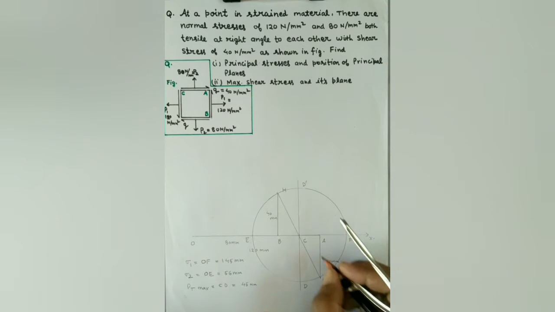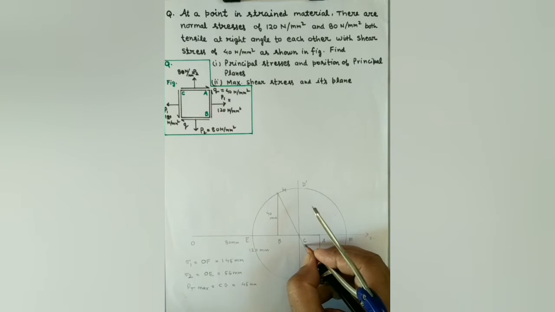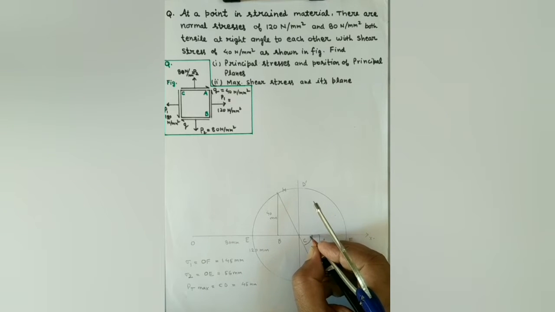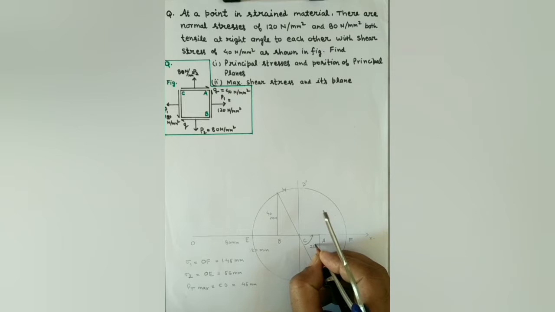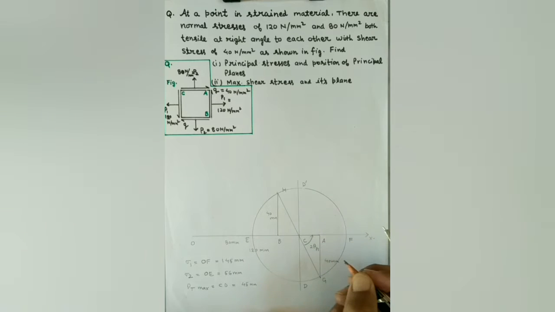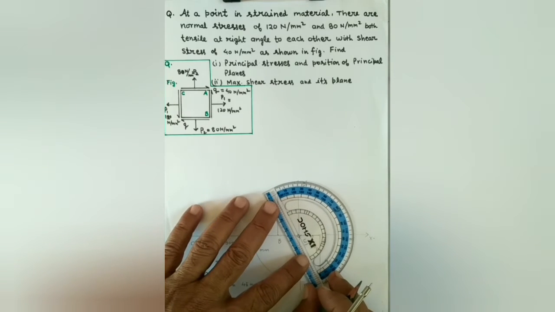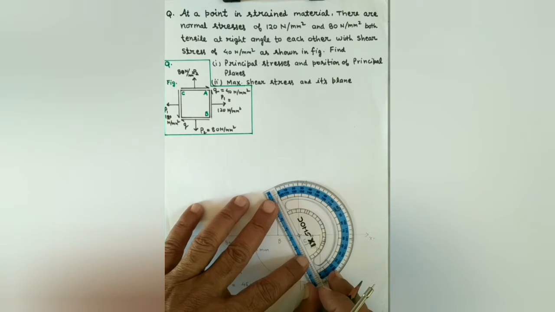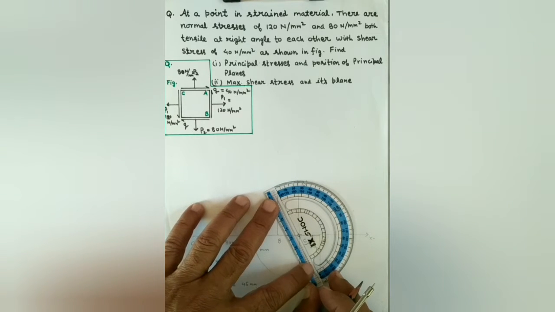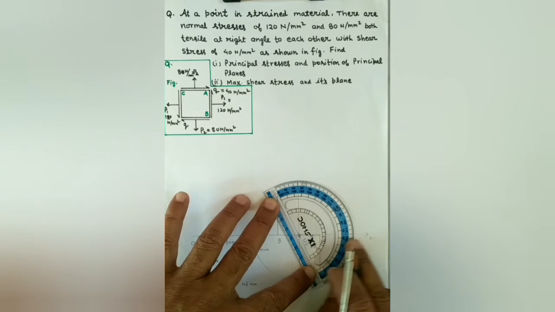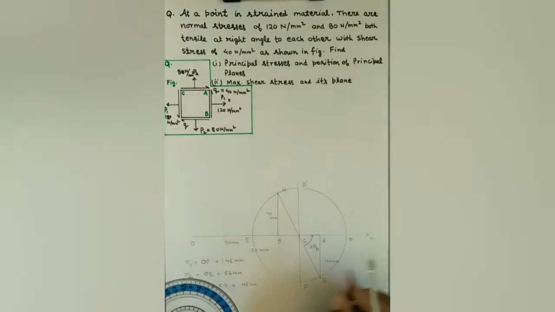Now the orientation of the principal planes. The angle GCF is the orientation of the major principal plane. So let us measure this angle GCF, which is about 63 degrees, and since it is being measured anti-clockwise, it is positive.